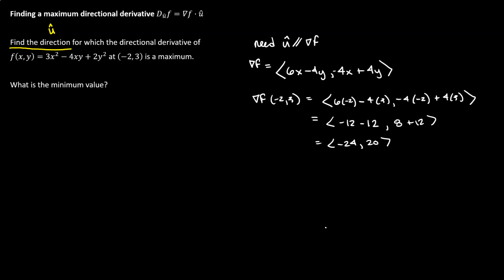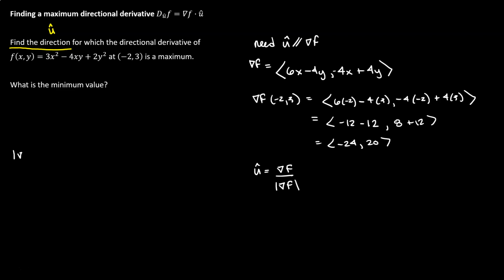Although technically this is the direction we're traveling in, when we're asking for a direction, we like conventionally to use unit vectors. So not only is this the gradient vector, but now we're going to find the unit vector u hat that's parallel to the gradient vector at that point. And to find that, we're going to find the magnitude of the gradient vector so that we can divide it off.